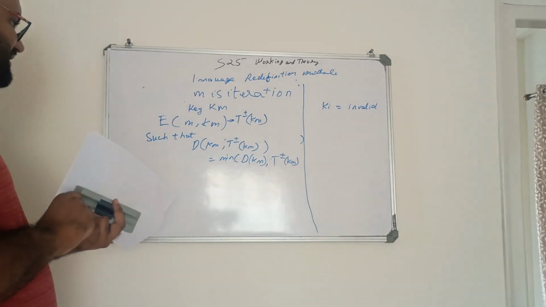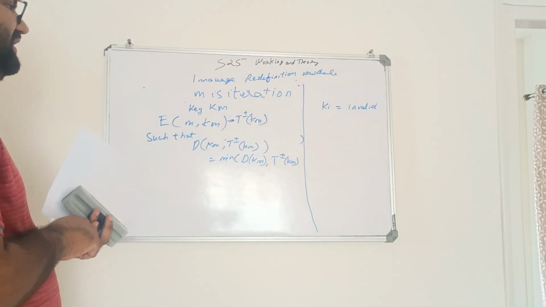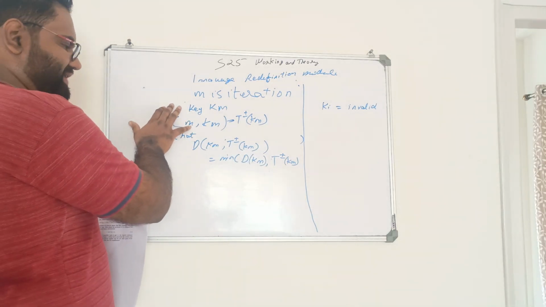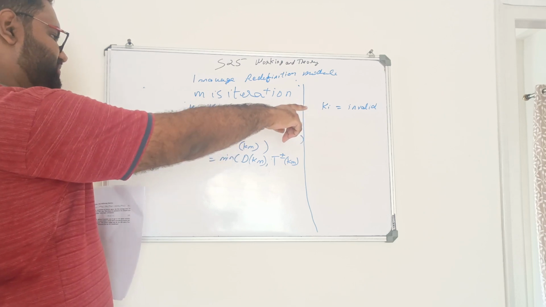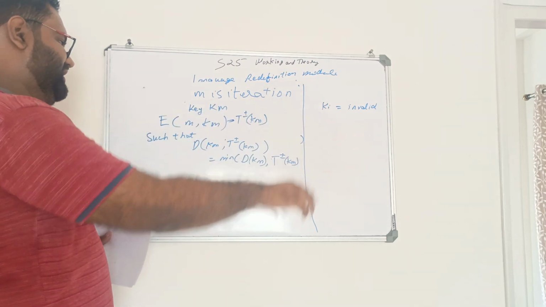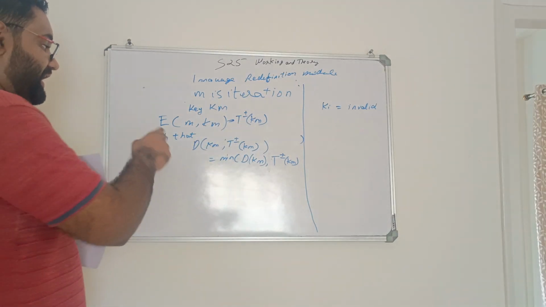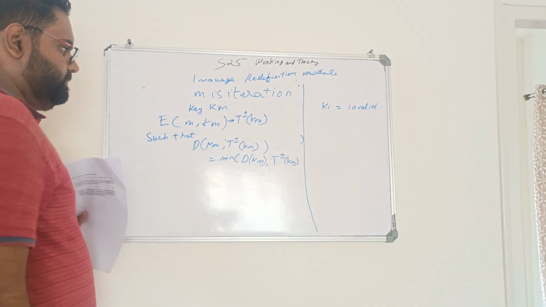So let's unpack this little by little. I have m as the number of iteration. My key is Km. Km is going to be this invalid LRM country. It can be valid in the case the distance is going to be 0, and E of m, Km is going to be Km.